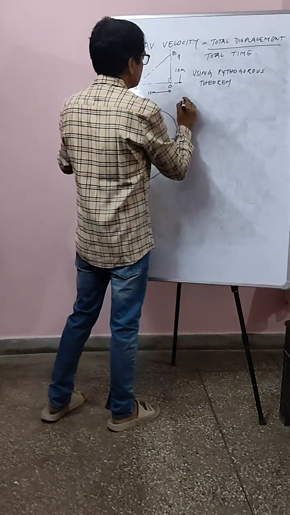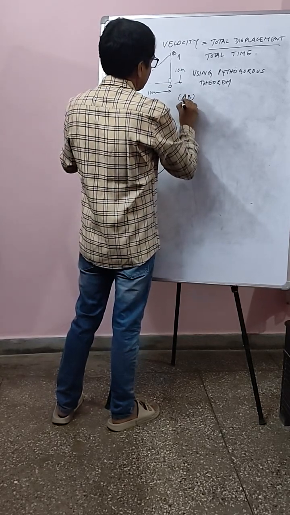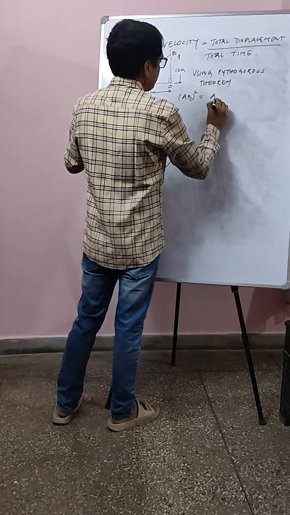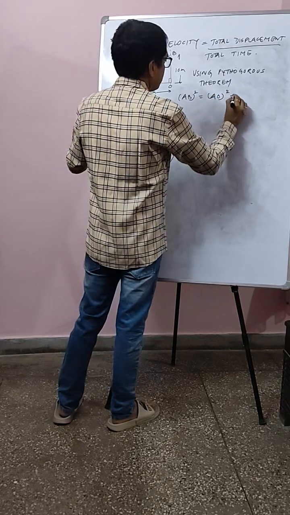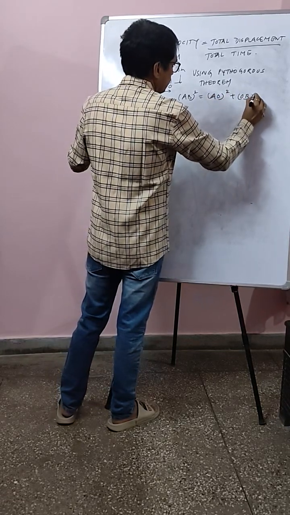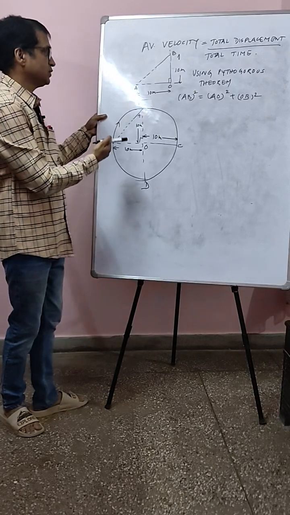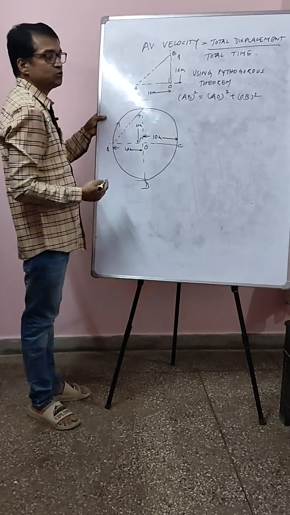So Pythagoras theorem says AB square equals AO square plus OB square. So we have this right angle triangle and we use Pythagoras theorem.